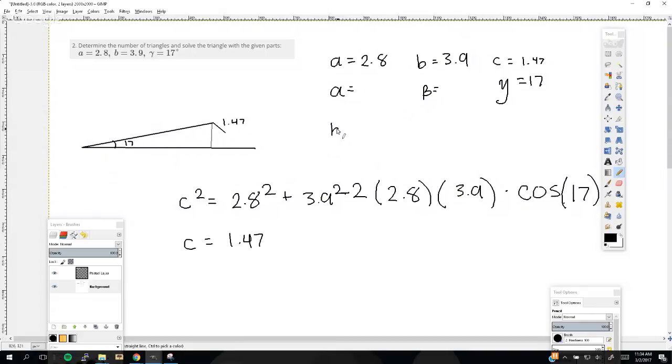So H would be equal to, if I made the side 2.8 and this side 3.9, we get 2.8 times sine of 147, and it gives you a really small number, 2.0718.